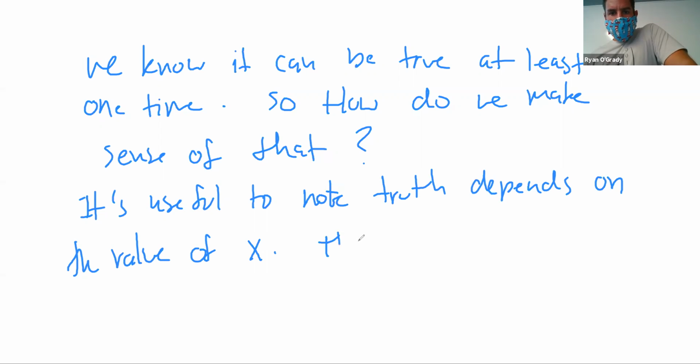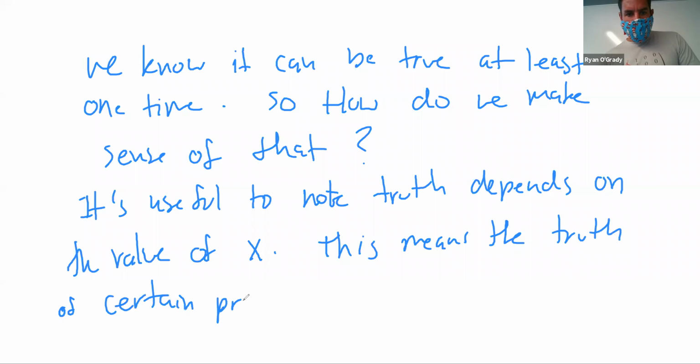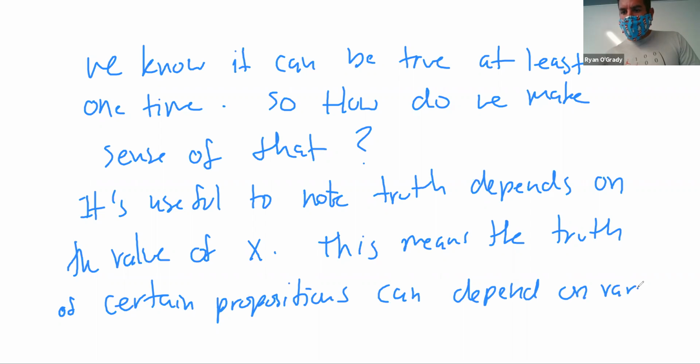So this means the truth of the proposition, or let's not say the proposition, let's be more general. So this means the truth of certain propositions can depend on variables, right?